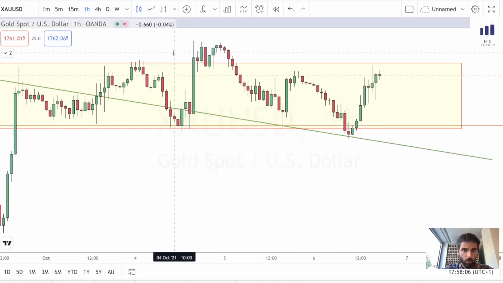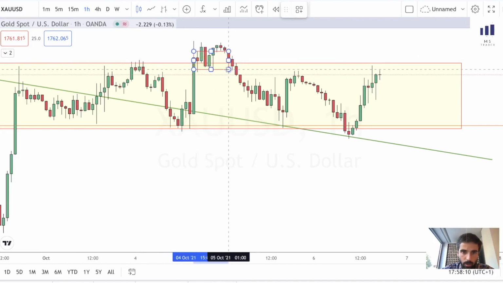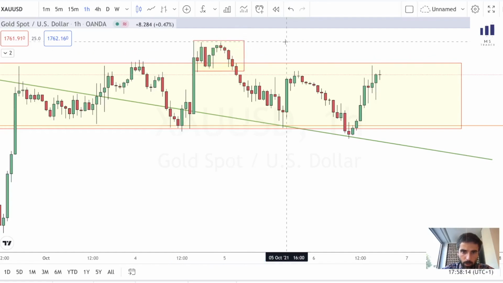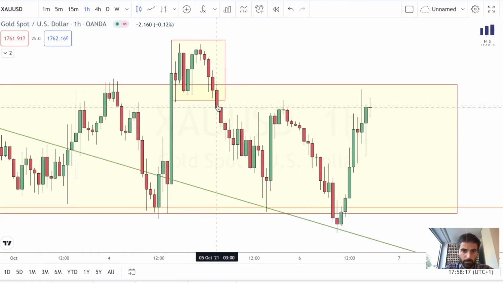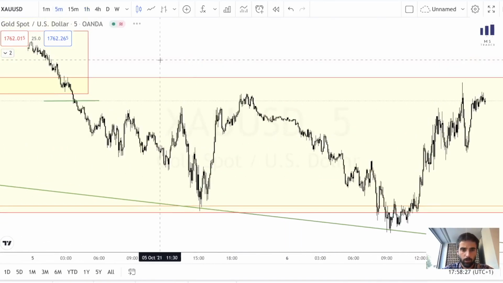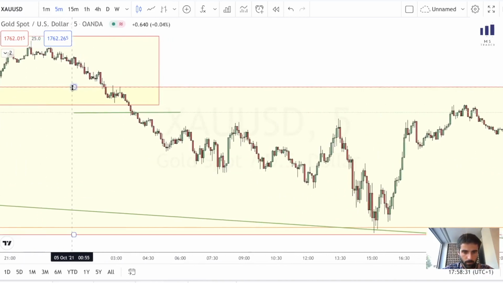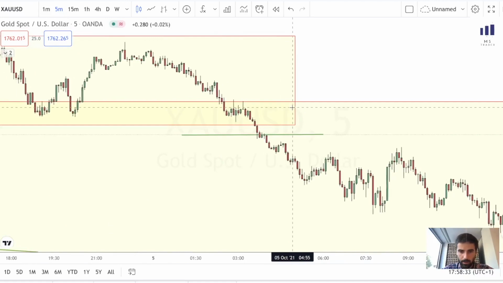So what could we do? We could draw another box to the high, and we could take this break after the 1 hour close. But to have a bigger and better risk reward, you can go to a lower time frame, to the 5 minutes, and take a pullback.